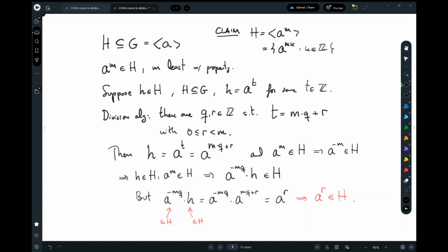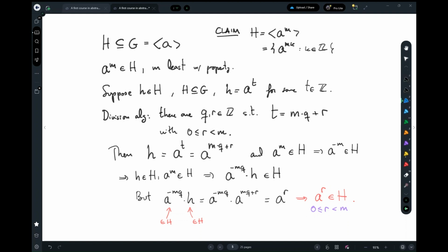Okay, but you see, we also have that 0 is less than or equal to r, which is strictly less than m, but m was minimal with this property that a power of a is in H. So r cannot be smaller than m unless it's exactly 0.